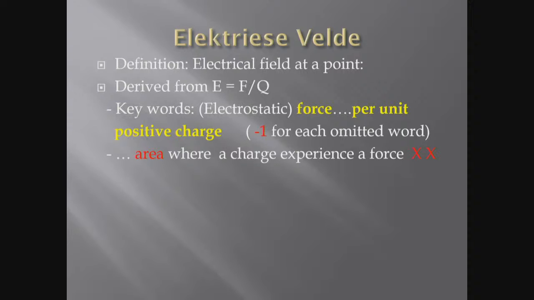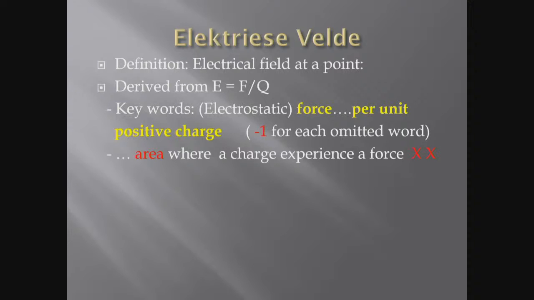Firstly, it is an area. The word area will immediately cause you to get 0 marks, because now you are not describing the electric field at a point. And secondly, you can tell me, but at least there's something about electrostatic force where a charge experiences a force. Isn't that worth any marks?